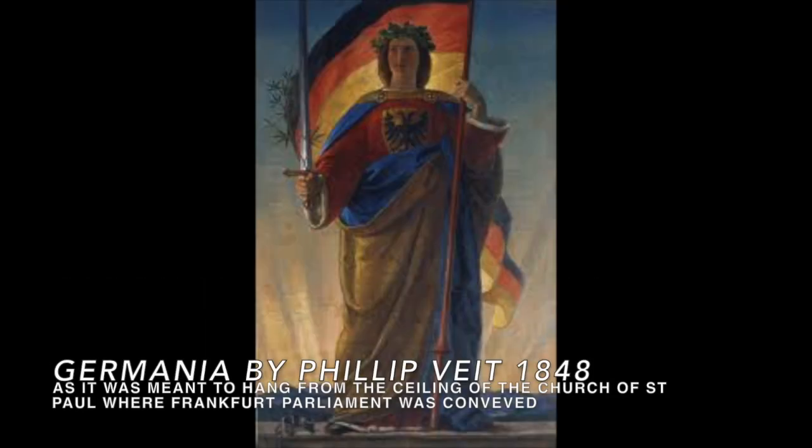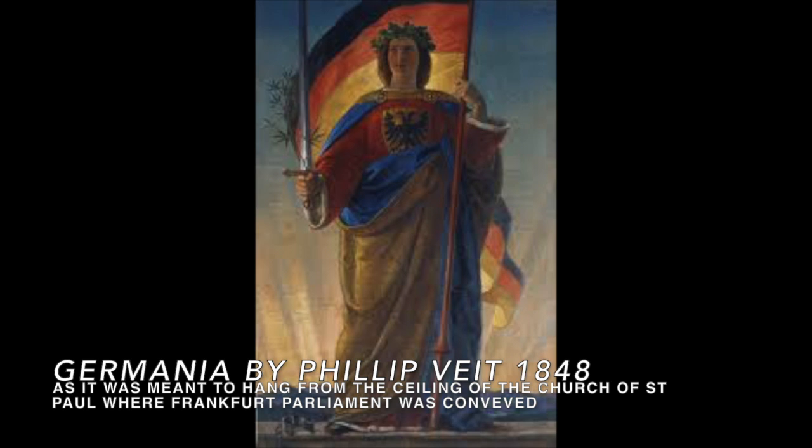This is the famous image of Germania, who became the allegory of the German nation. In this representation, we can see Germania. She wears a crown of oak leaves, as the German oak stands for heroism and justice. The famous painter Philip Veit painted this image of Germania in 1848.